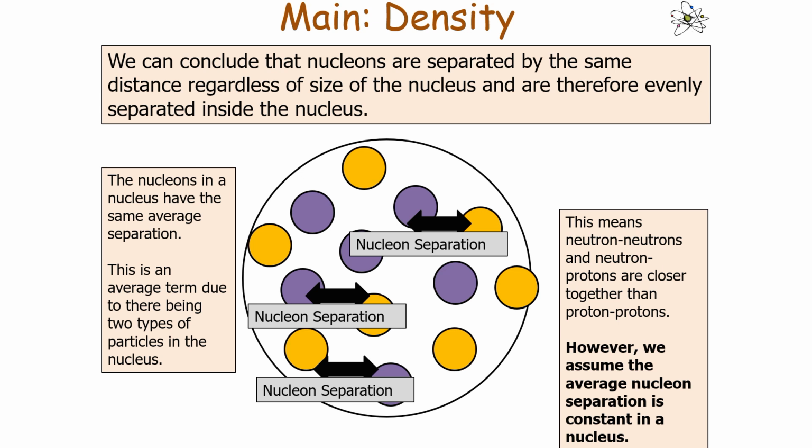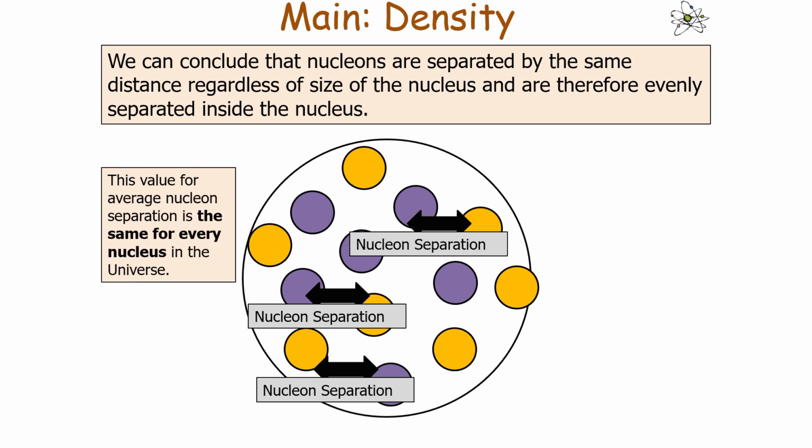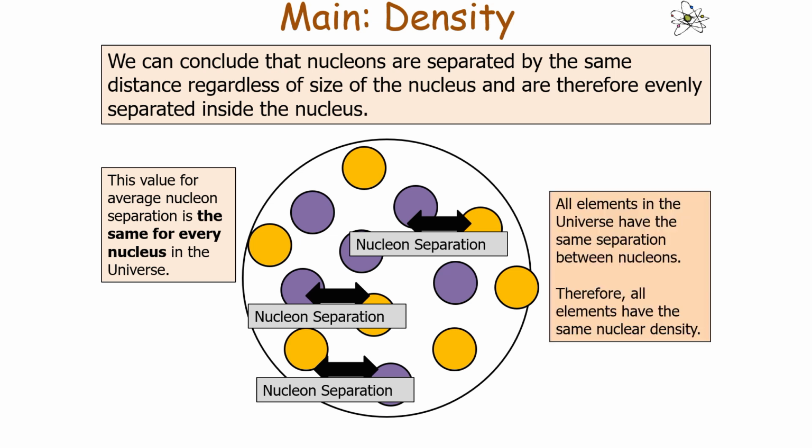So neutron-neutrons and neutron-protons are closer together than proton-protons. However, we do assume in this equation that the average nucleon separation is constant in the nucleus. So the value for average nucleon separation is the same for every nucleus in the universe. So all elements in the universe have the same separation between nucleons, and therefore all elements have the same nuclear density.